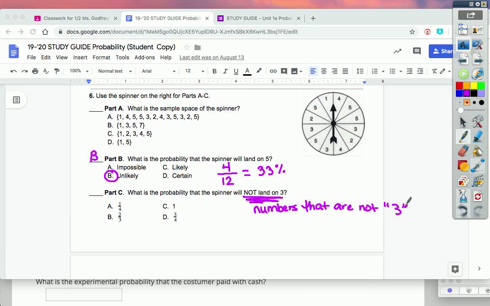In the set of numbers that we have, again 12 numbers, 9 of the 12 are not 3. This can be reduced, which will give us 3 over 4. So the probability of landing on a number that is not 3 is 3 over 4.